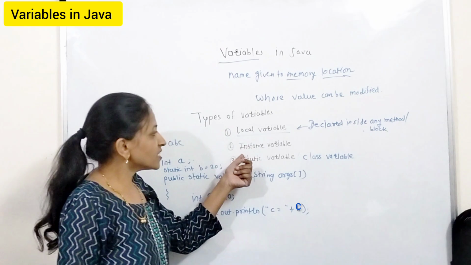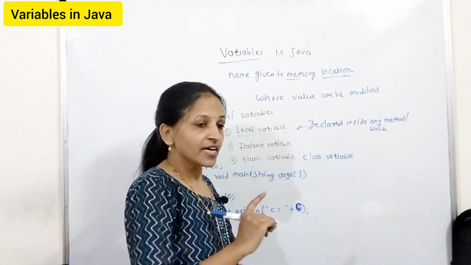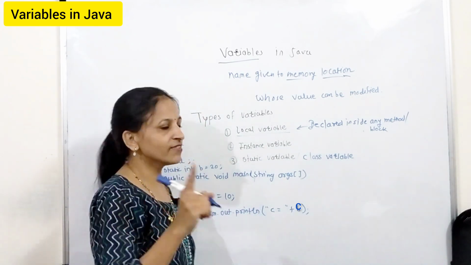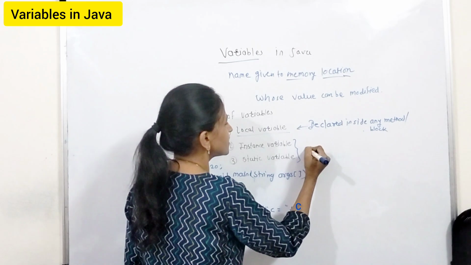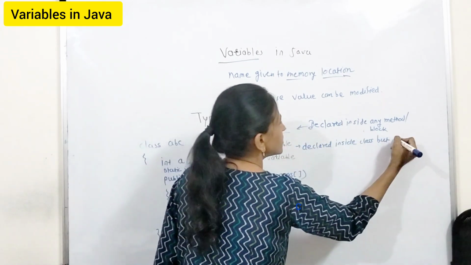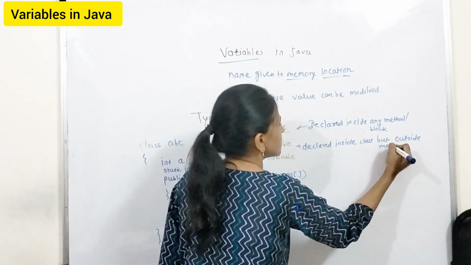Now next, instance variable and static variable. These are declared inside the class but outside methods. Always keep in mind, these are declared inside the class but outside methods.